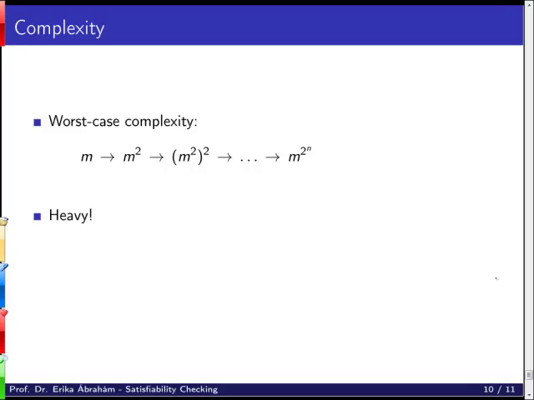Namely, if I have, for example, n lower bounds and one upper bound, then these are n plus 1 constraints. And how many do I add? Each lower bound with each upper bound. That means I add only n constraints. So in these cases, it is well applicable. But in the general case, it is very hard.